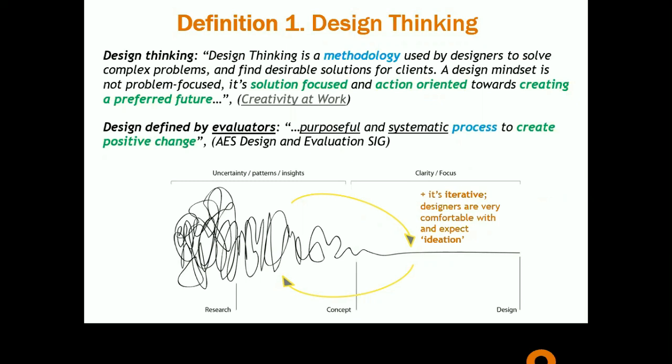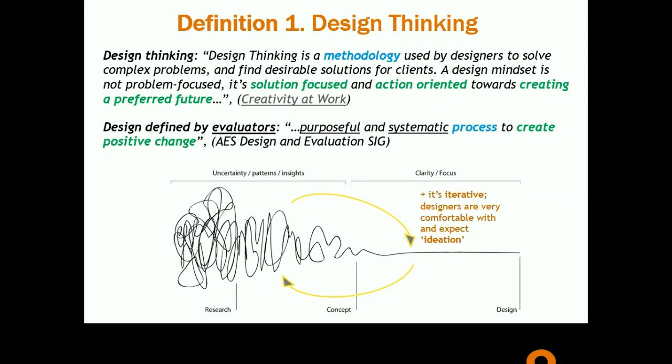You can think about them as equivalent to people who say they are evaluation professionals. So that first definition is: design thinking is a methodology used by designers to solve complex problems and find desirable solutions for clients. A design mindset is not problem focused, it's solution focused and action oriented towards creating a preferred future.